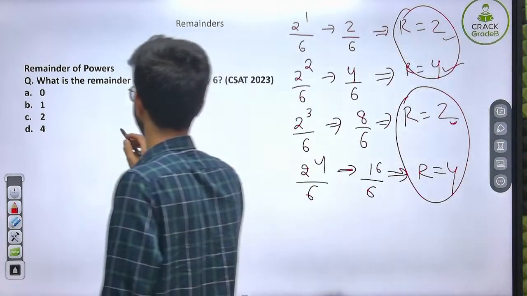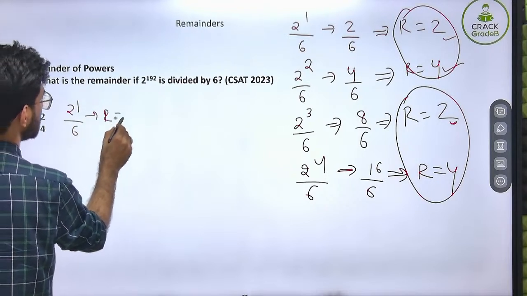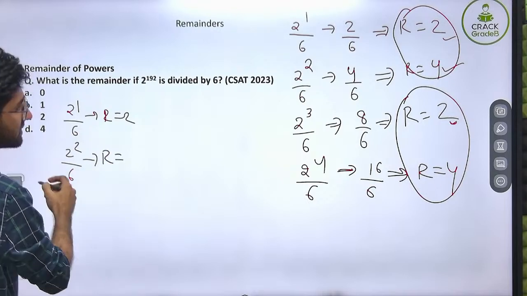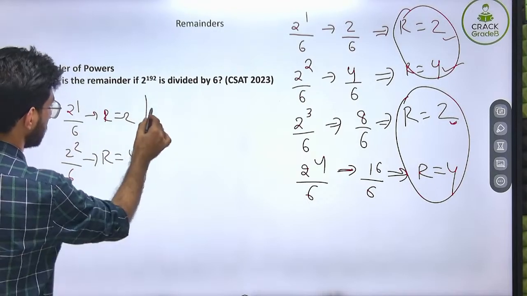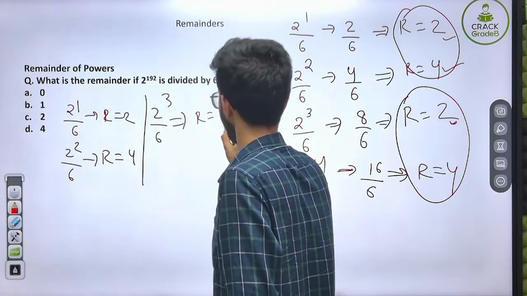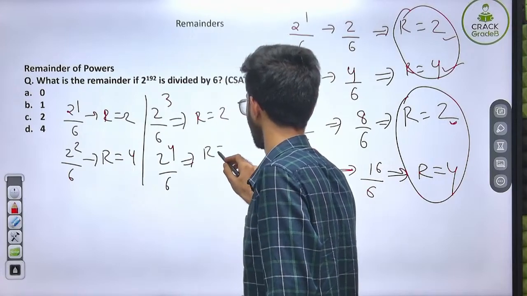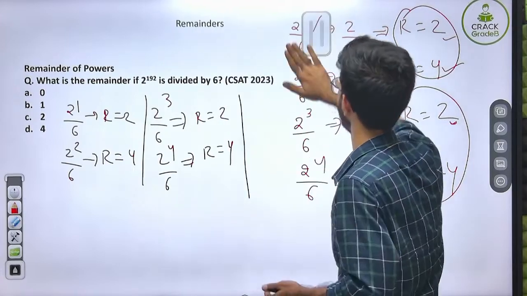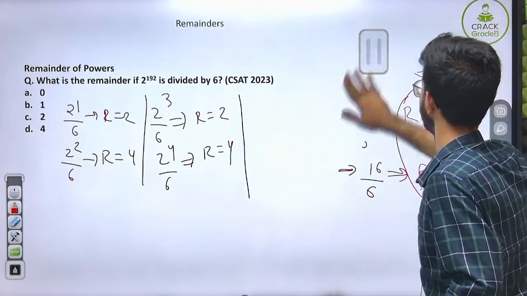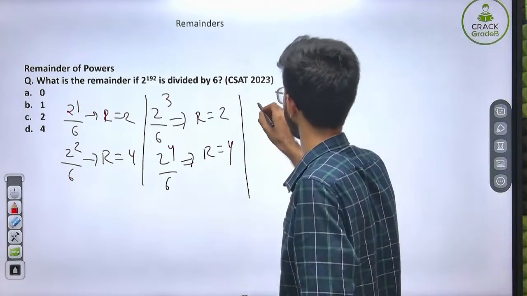So if you divide 2 to the power 1 by 6, remainder is 2. 2 to the power 2 by 6, remainder is 4. 2 to the power 3 by 6, remainder is 2. 2 to the power 4 by 6, remainder is 4. This will follow the same pattern. Even if you divide further, you will find that these numbers follow the same pattern.